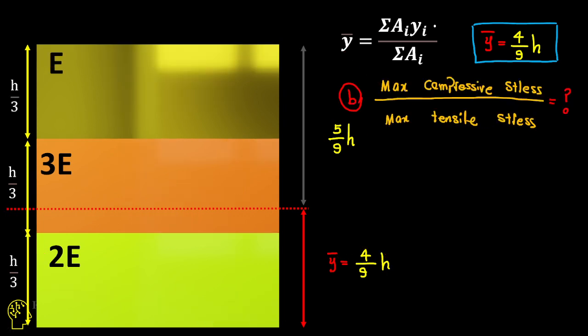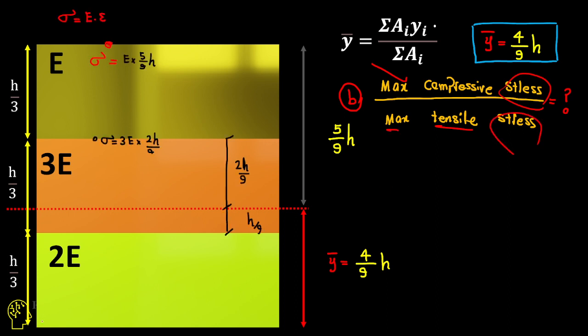Now we move to the ratio of maximum compressive stress to maximum tensile stress. This time it's a bit more tricky. Based on Hooke's law, stress is the modulus of elasticity times strain.